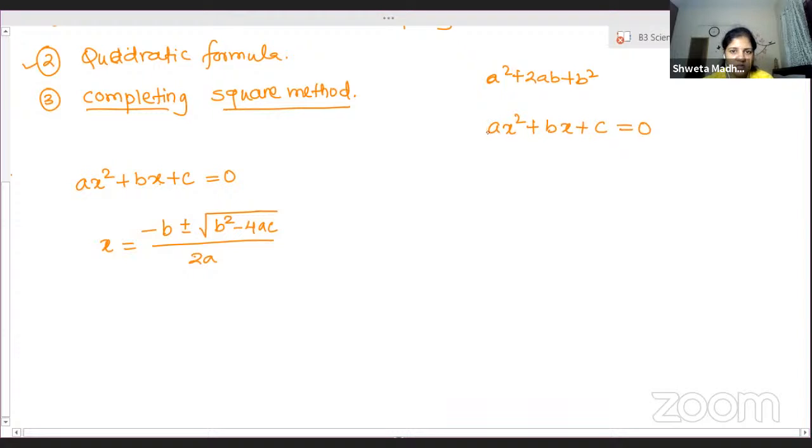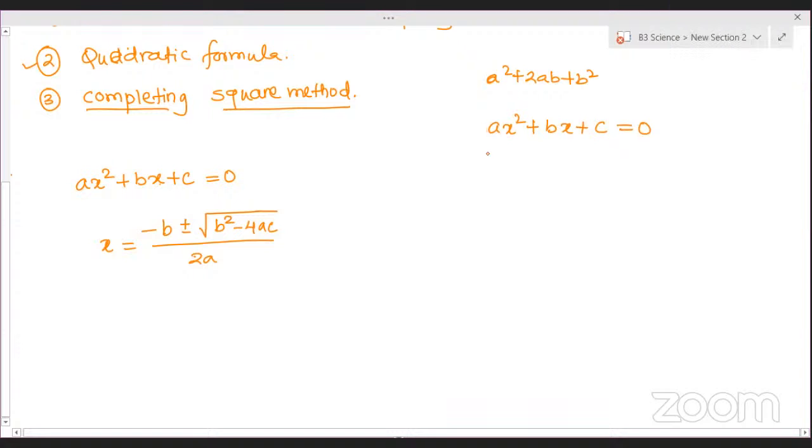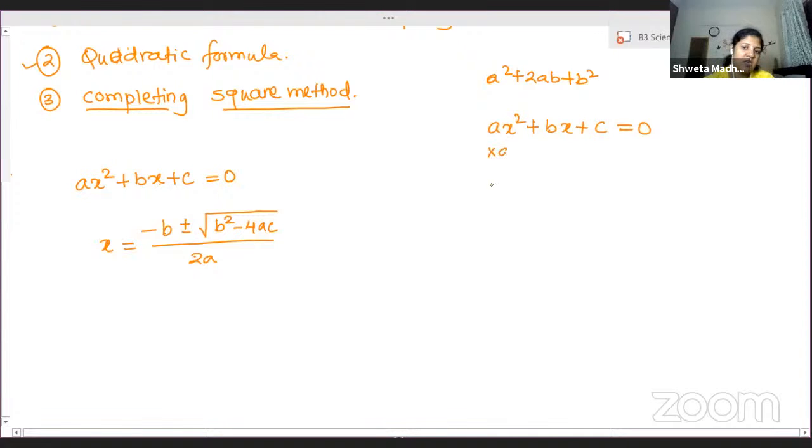So we multiply this equation with a, so that we get the square of the first term. Only see what is going on. This is not part of your syllabus. I'm only trying to explain where the formula came from. So I'm multiplying the full equation with a: a square x square plus abx plus ac is equal to 0, since 0 into a is 0.